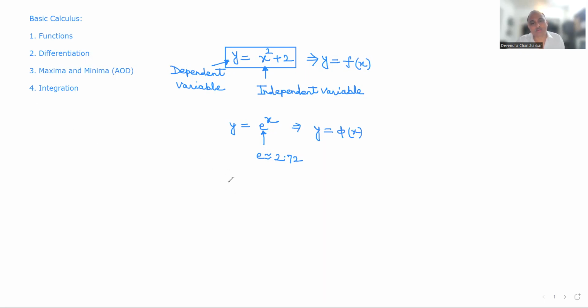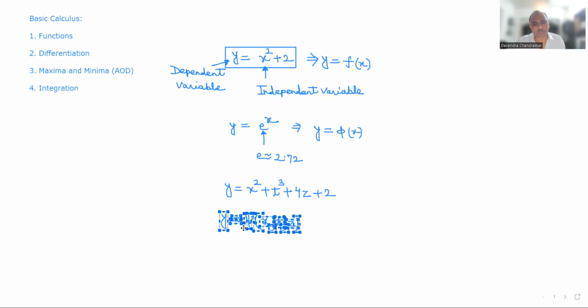Now, if there is more than one independent variable, for example, in this case, x square plus t cube plus 4z plus 2, then y is some function of x, comma t, comma z. All these three variables, x, t, and z, are independent variables. I hope all of you understood this.